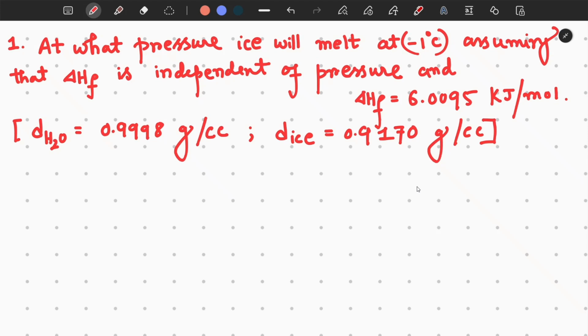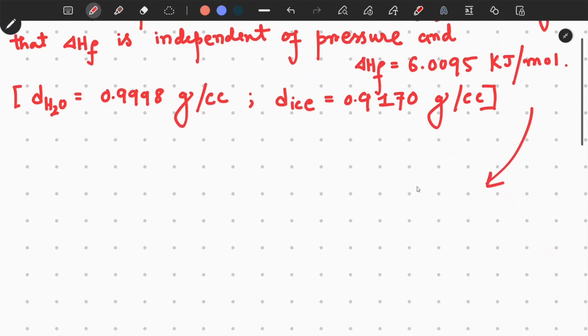No, no, it's correct. 6.01 kilojoule. So every data is correct.